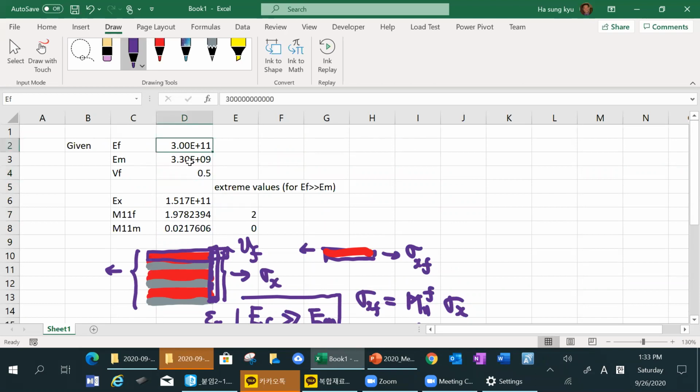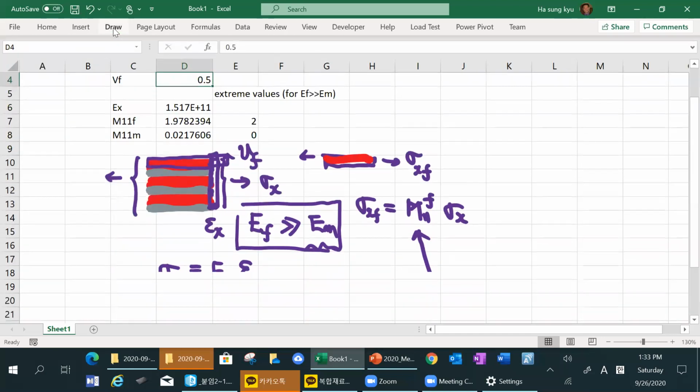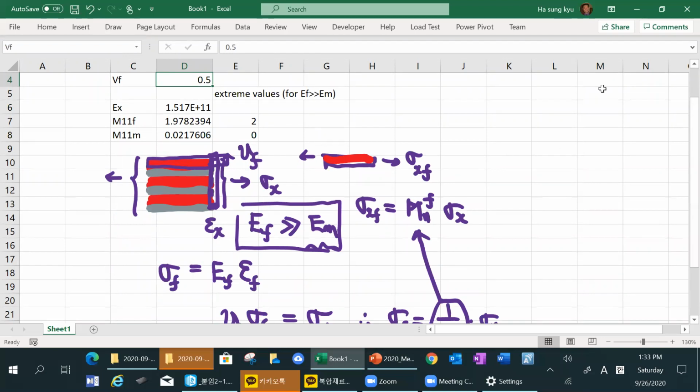This is the real value for carbon and epoxy, and this is the fiber volume fraction. Okay, and this is very useful in understanding composite mechanics.